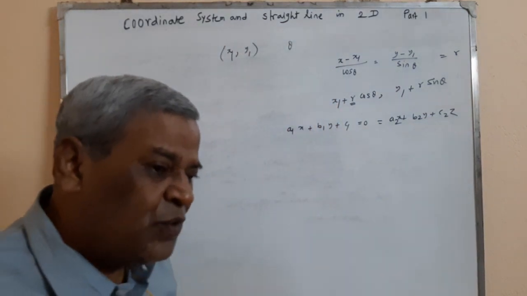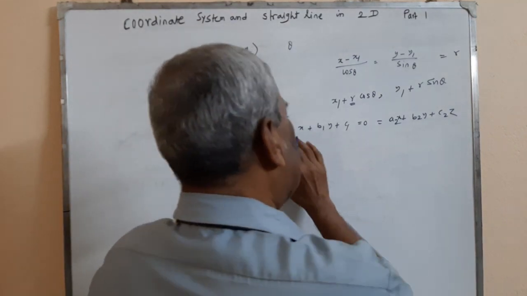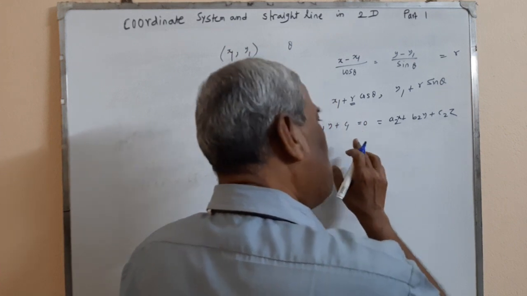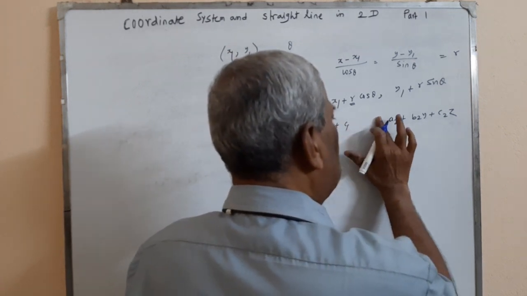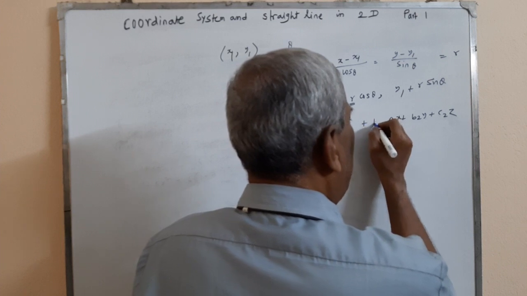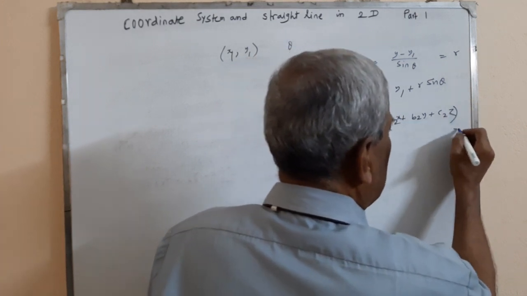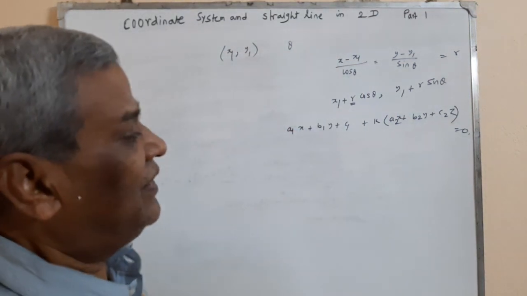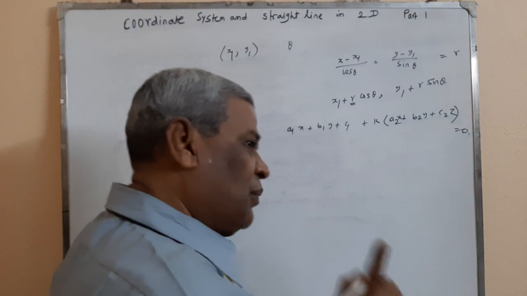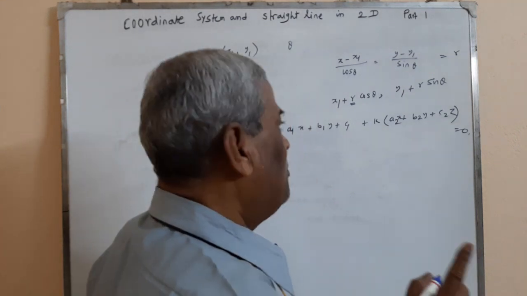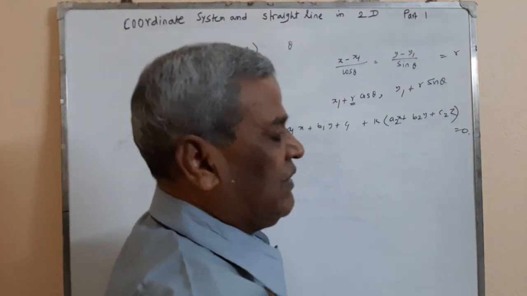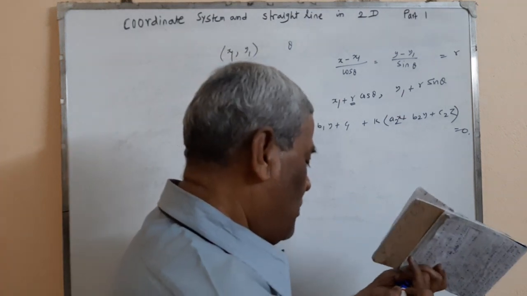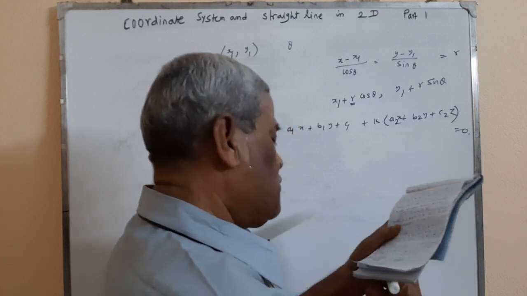Now, the general equation of a straight line passing through the meeting point of this and that is (a1x plus b1y plus c1) plus k times (a2x plus b2y plus c2) is equal to 0. For different values of k, different equations can be obtained through the meeting point of the two straight lines. The value of k can be obtained from another given information.